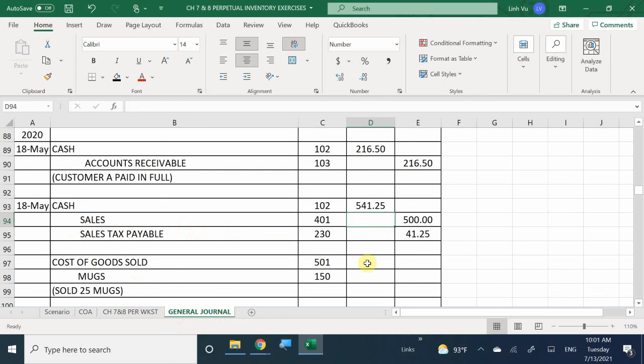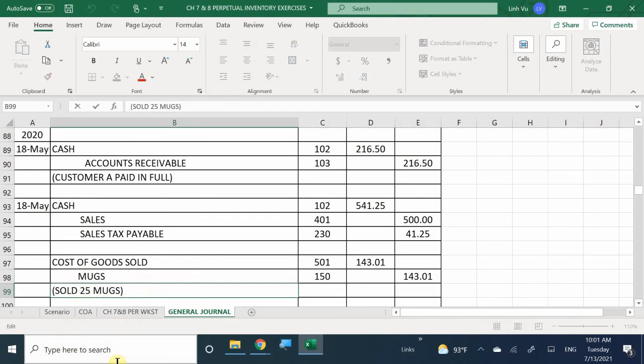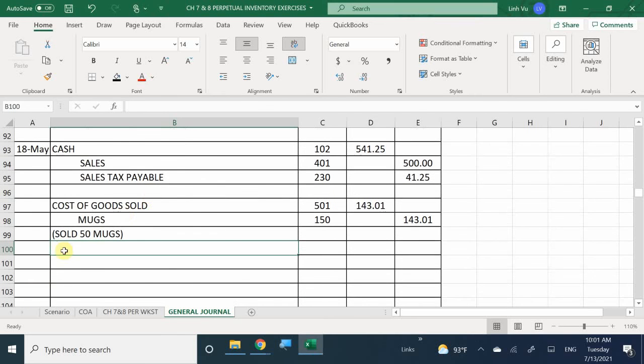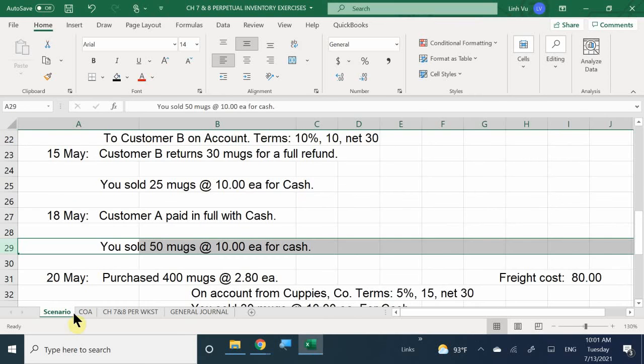So therefore, that's what I'm going to plug in here. And I'm going to update my little note here because I didn't sell 25. I sold 50. Okay. So we're going to stop here real quick and take a nice quick break.